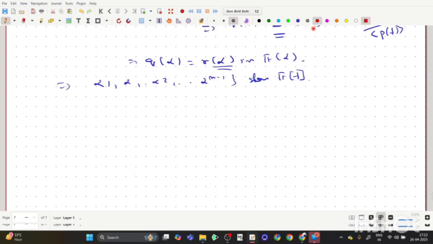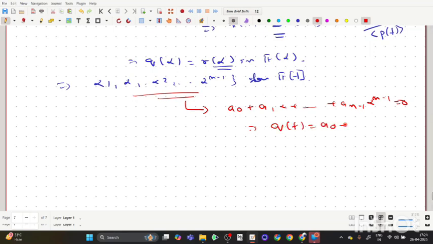These are linearly independent, because if not, if a0 + a1 alpha + ... + a_{n-1} alpha to the power n minus 1 is equal to 0, then I can take the polynomial q(t) = a0 + ... + a_{n-1} t^{n-1}, such that q(alpha) is 0. But this contradicts the minimality of p(t), because p(t) generated every element which contained alpha as a root.